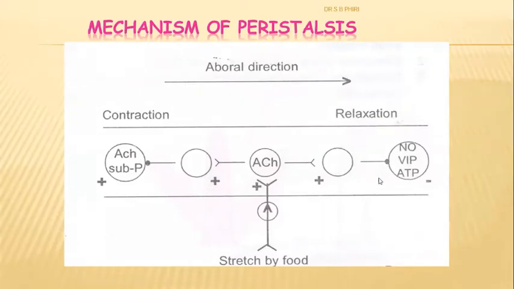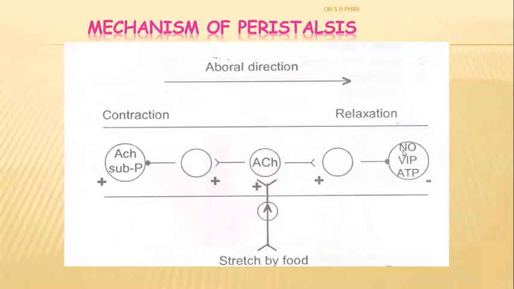Once the smooth muscle cells are hyperpolarized, they become less excitable, and if they are less excitable, there will be relaxation. So the smooth muscle cells ahead of the bolus are going to relax because of the neurotransmitters being released there: nitric oxide, VIP, and ATP, adenosine triphosphate.